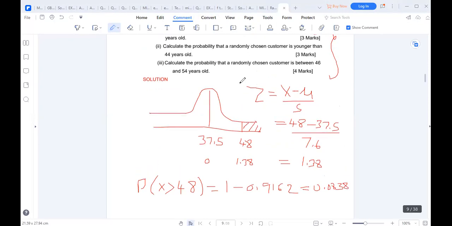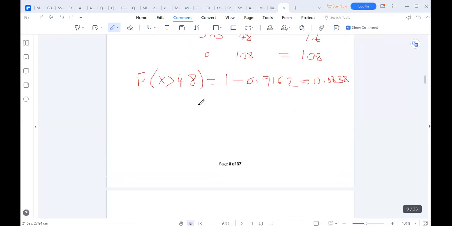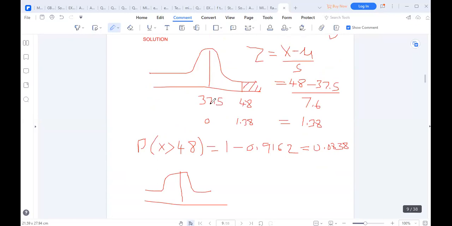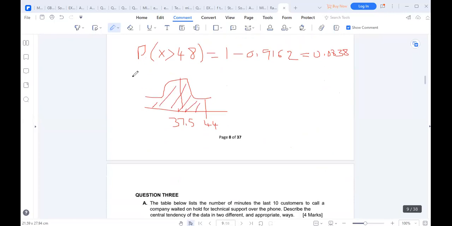Okay. Then the next one was what? Find the probability that it is younger than 44. The word younger is synonymous to what? To less. So younger than 44. So here our mean was 7.5. Where are we shading? To the left. What's the next step?